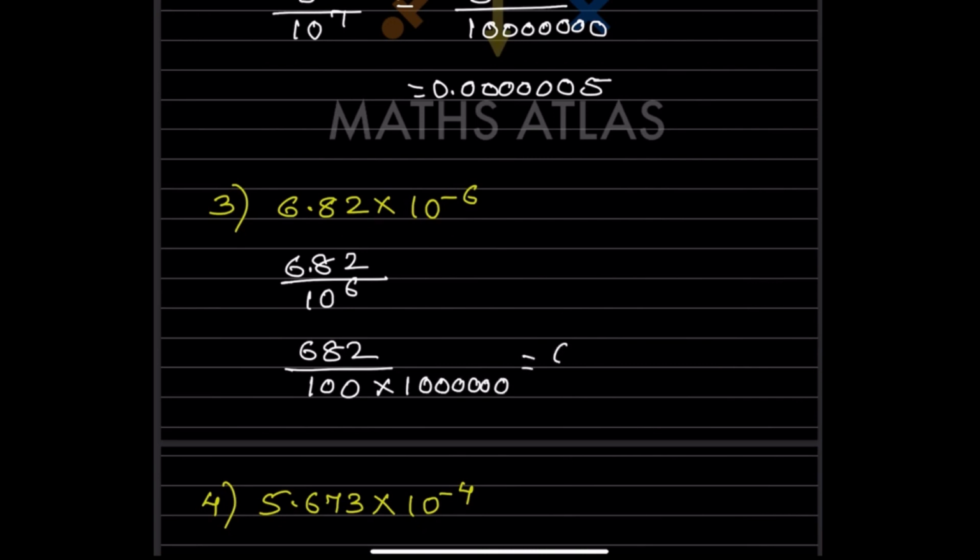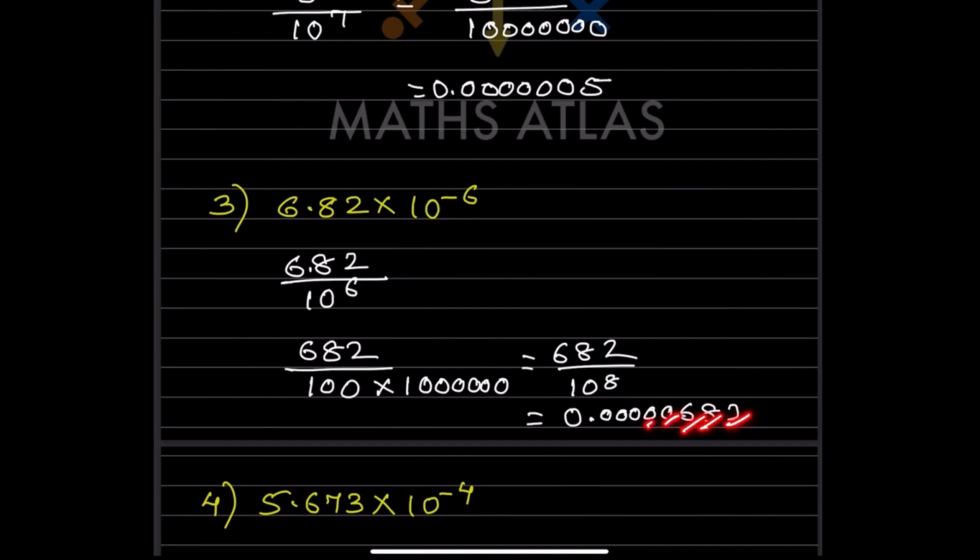So this is going to be 682 divided by these 6 zeros and this 2, that is going to be 8, 10 raised to 8. So what will you do here? You will write 682. You are going to go backwards 8, 1, 2, 3, and you are going to put 5 more numbers, so that becomes 8. So you will put 5 zeros, 1, 2, 3, 4, 5, and then put a decimal. So in total, these numbers are 8.